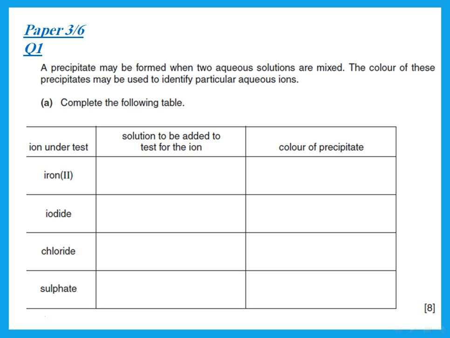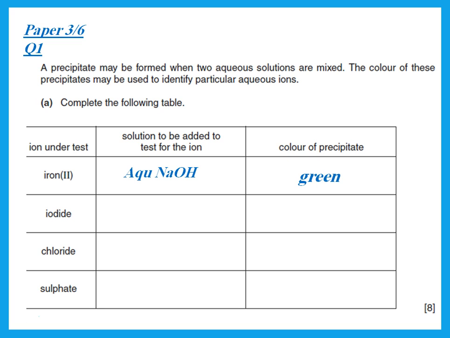So for example, to test for iron 2, do you remember the test? We can add aqueous sodium hydroxide, or we can add aqueous ammonia. If we add aqueous sodium hydroxide, what do I get with iron 2? Here he's saying just write the color of the precipitate. So he already tells you it's a precipitate, you just need to write the color. You should remember with iron 2 I get a green precipitate.